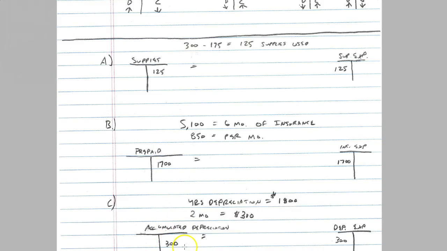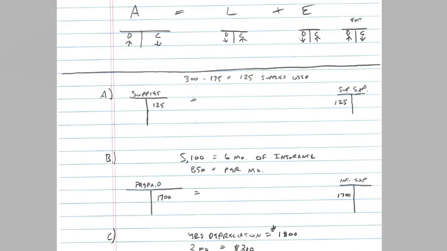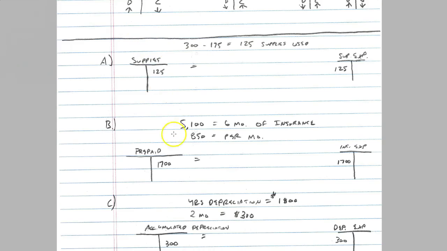And you are going to decrease, or I'm sorry, you're going to increase accumulated depreciation. It's going up, and every year it's going to go up. Every year this thing is going to start getting larger and larger and accumulating. So to decrease that on the asset side will have to be a debit entry.